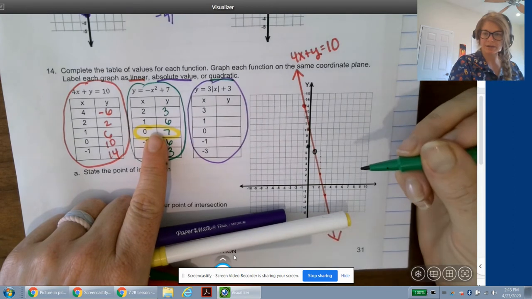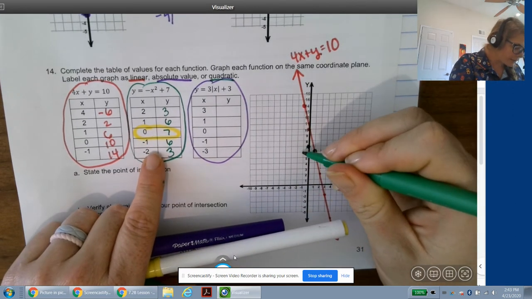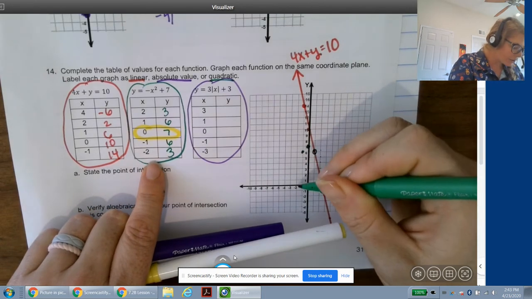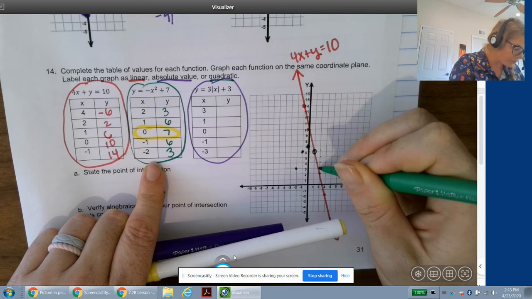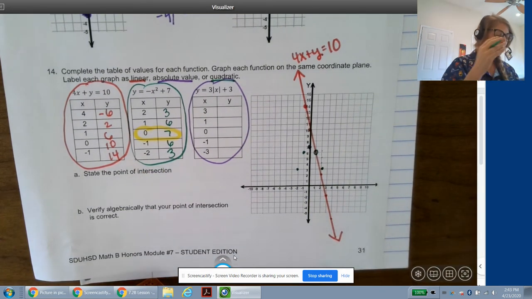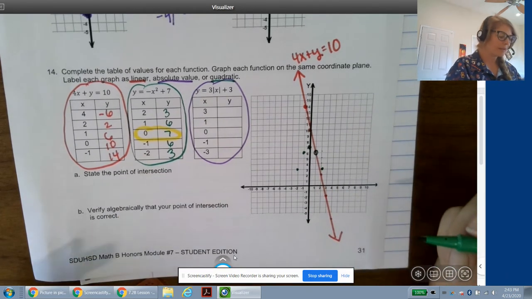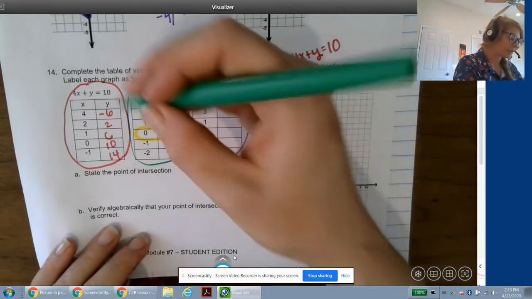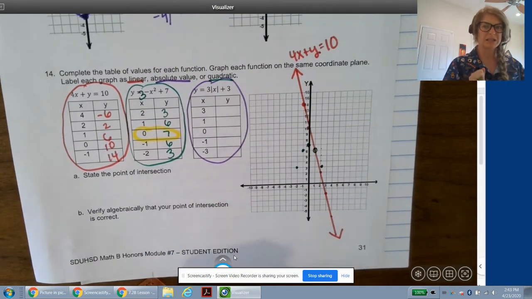Oh, interesting, intersecting the line. Negative 1, 6. Negative 2, 3. And 2, 3. Almost intersecting that red line, but not quite. Remember, this is a parabola, so it should look kind of curvy. Maybe you're like, ooh, I really wish there was a 3 value, just so I had a better picture to graph this as best as I can.